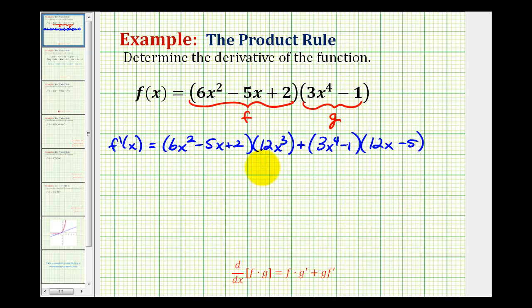And just to emphasize this, we had the first function f times the derivative of g plus g times the derivative of f. So now that we have found the derivative, the rest is algebra.